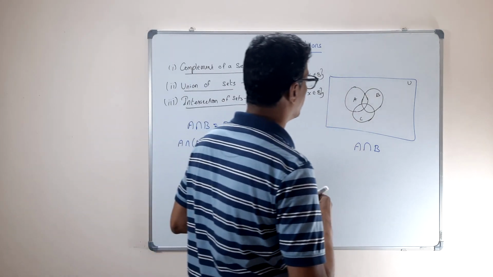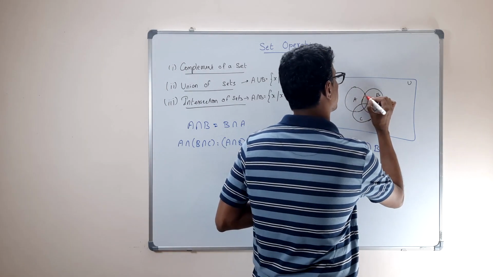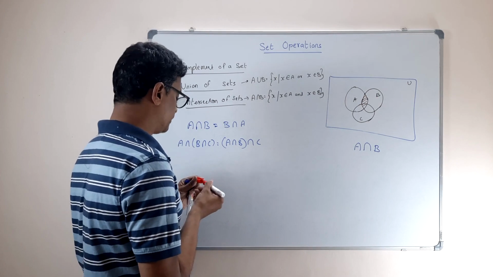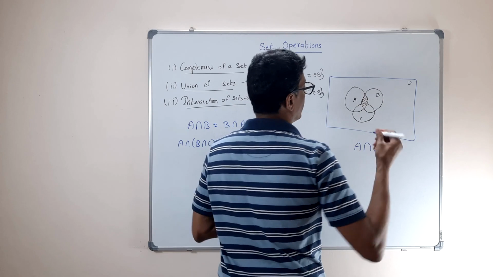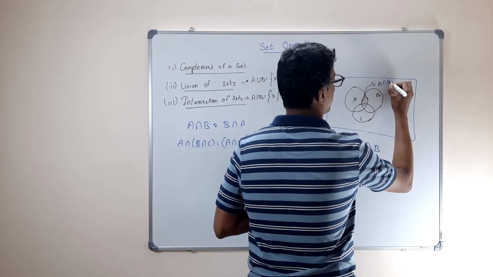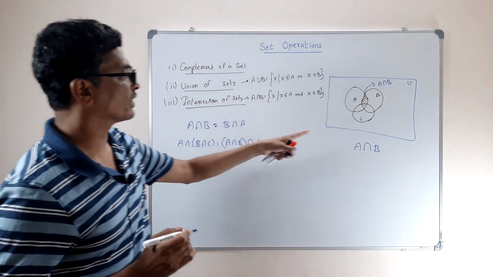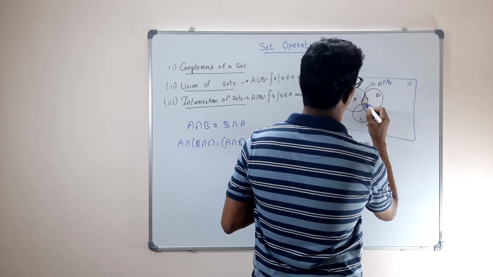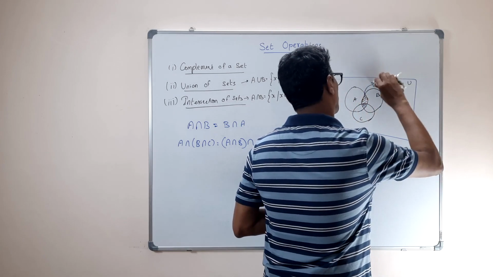That will be this portion, the common between A and B. This portion is your A intersection B. Now we have to take A intersection B intersection C, only the central part. That's what we are going to do.